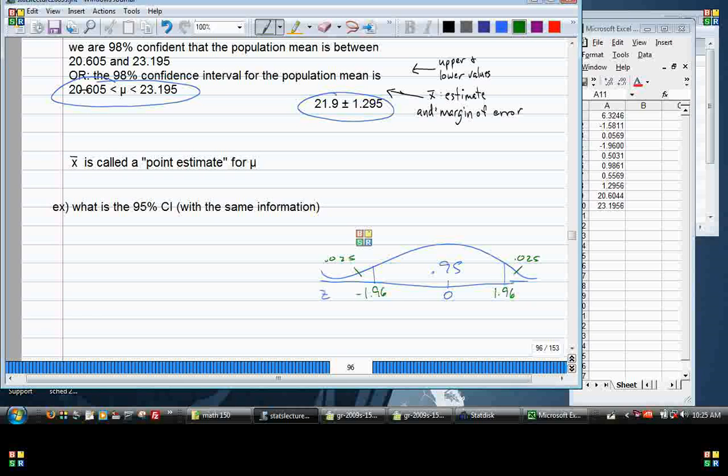Now you just go back to saying the CI is x bar plus or minus z times sigma x bar. X bar was 21.9. Our z is 1.96. And our sigma x bar, same problem, 0.5569.